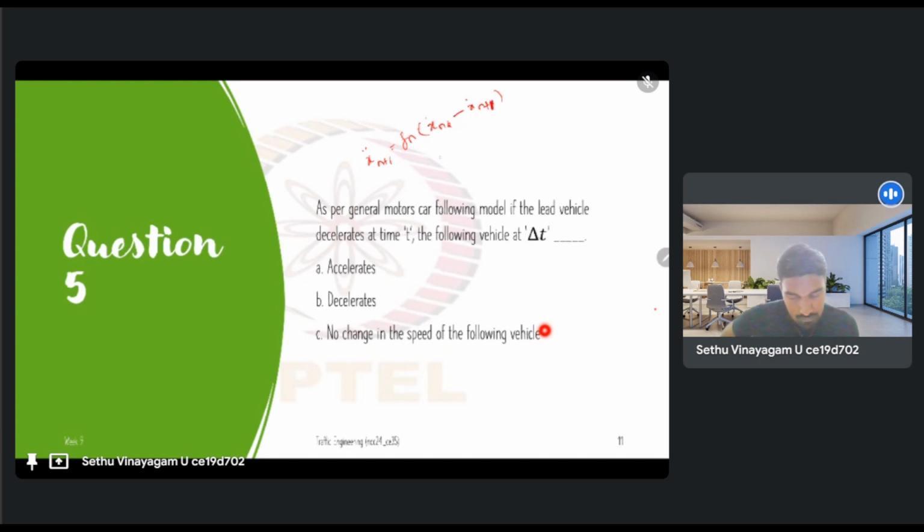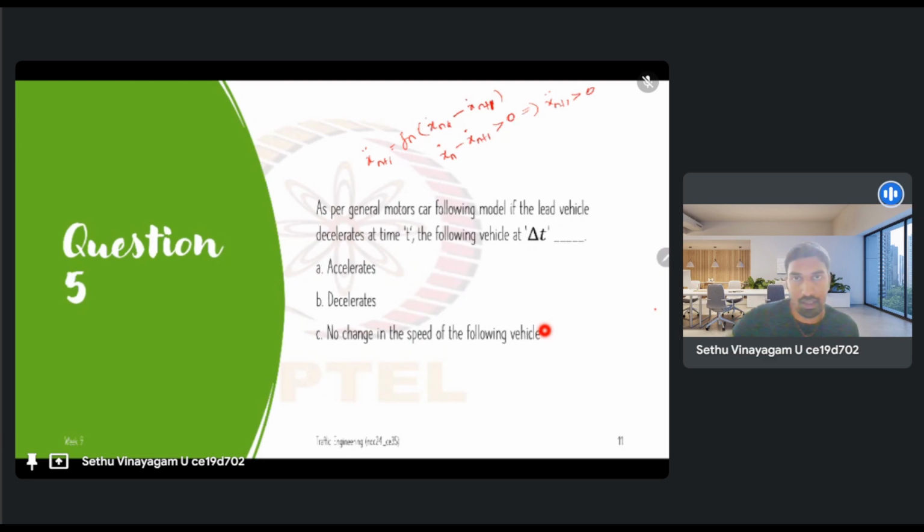What happens if the relative speed is positive, so x dot n minus x dot n plus 1 is positive? Then the response will also be positive, and a positive response means acceleration of the follower, because the response is the acceleration or the deceleration.